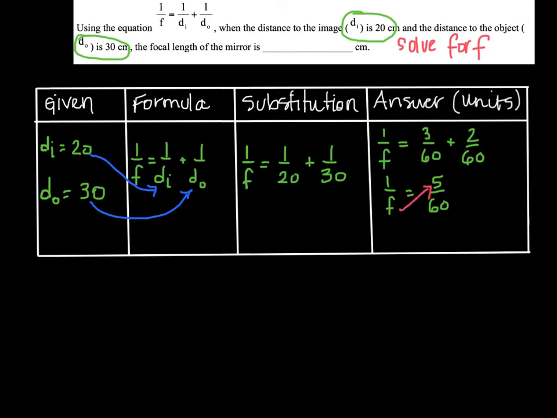Bottom times top, f times 5 would give me 5f, and 1 times 60 would give me 60. I'm solving for f, just like my directions set up here. So I'm going to divide both sides by 5, and I get f equals 12. But remember, my answer has to have units when it's in a word problem, so my answer would be 12 centimeters.